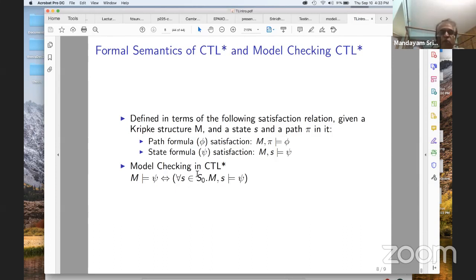But anyway, we have defined a well-formed CTL star formula as a state formula, which is either obtained trivially as an atomic formula or is constructed from a true path formula by applying a path quantifier.